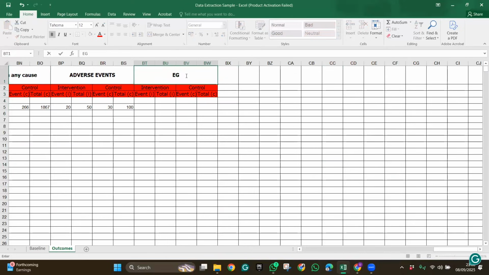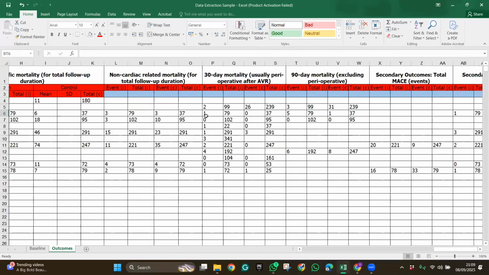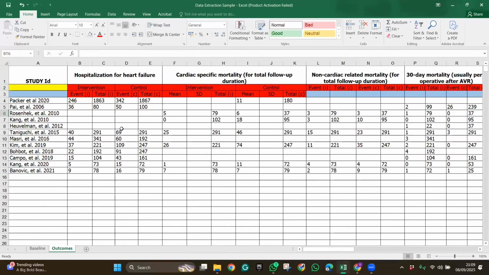Let's say it was not reported by the first two studies. You're going to add it at the end, leave the first two spaces blank, and write the data for the third. So this is how you make an extraction sheet.